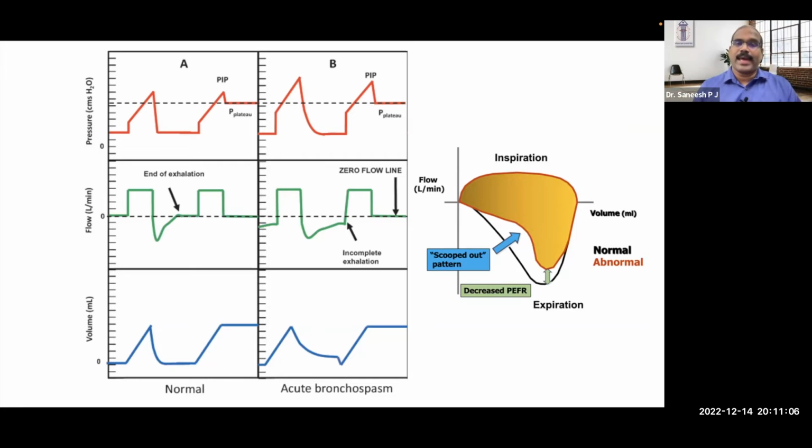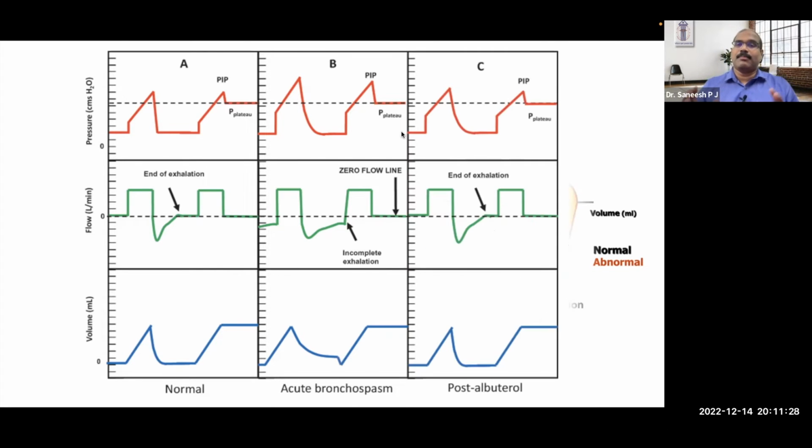So the flow has to do work against an increased airway resistance. You can appreciate the intrinsic PEEP. And the point we are discussing is the flow volume loop, where you can see a typical scooped out pattern in the expiratory curve part of the loop and reduced peak expiratory flow rate.